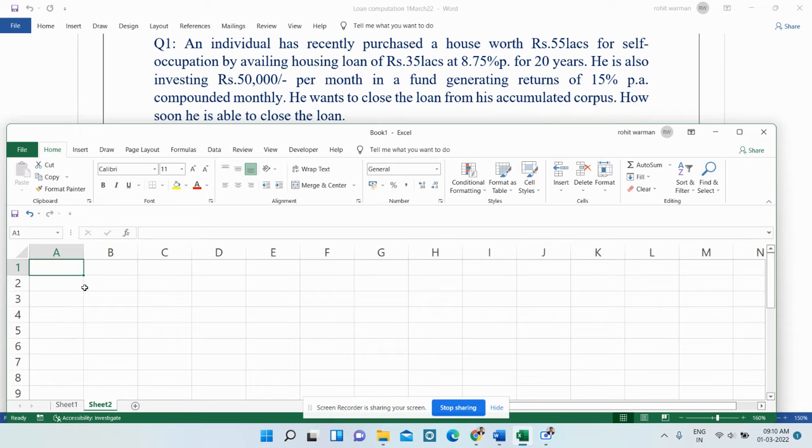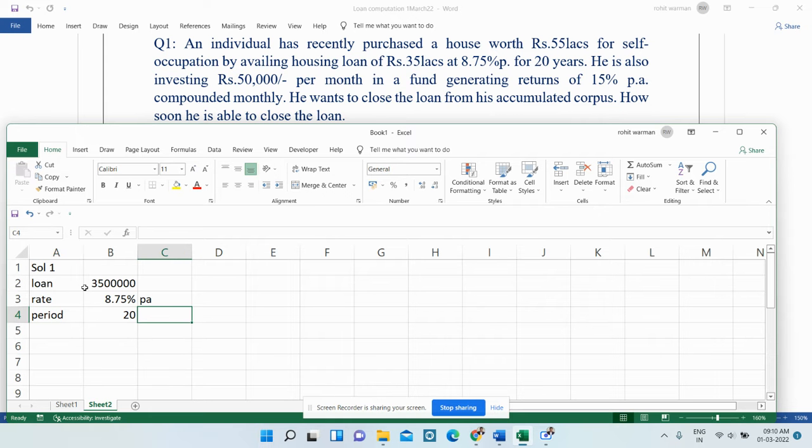I'll start with the loan amount, which is 35 lakhs. The rate is 8.75% per annum, and the time period is 20 years.